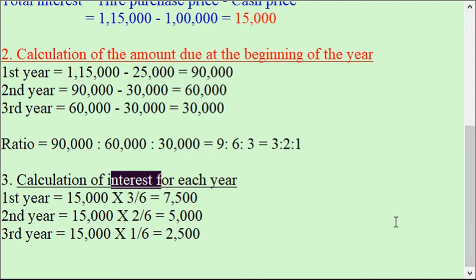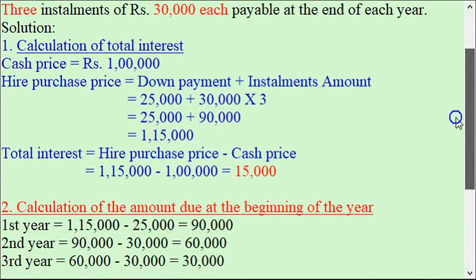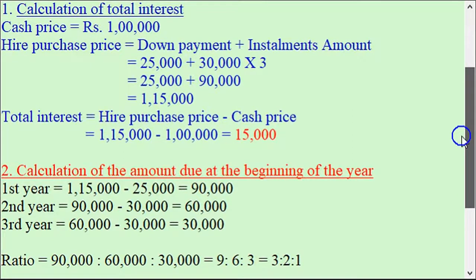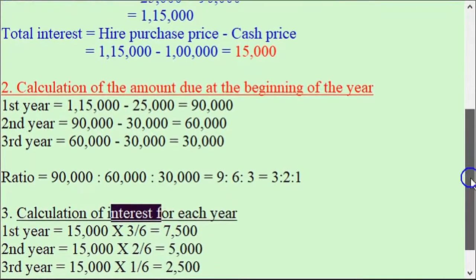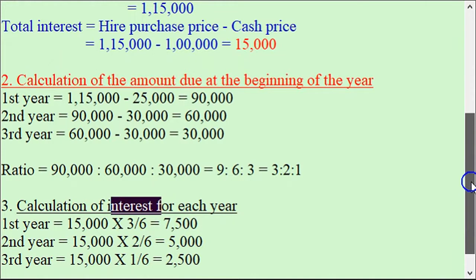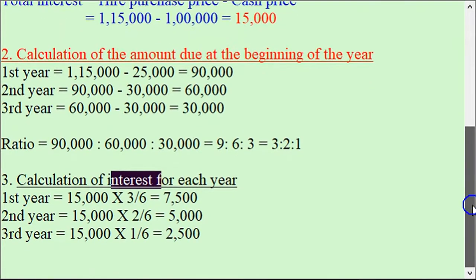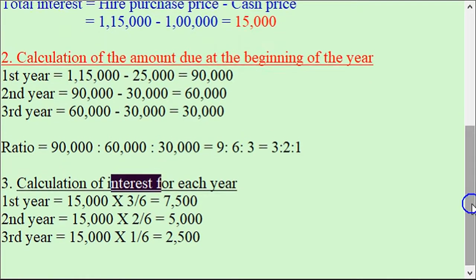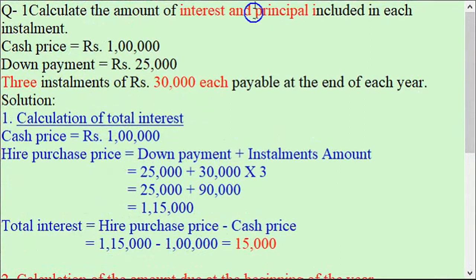I have calculated first what is the total interest I have paid, that is 15,000. I have calculated the ratio of amount due and the interest for each year. Now let's calculate the principal amount that is included in each installment.